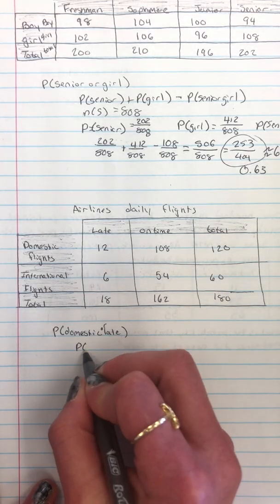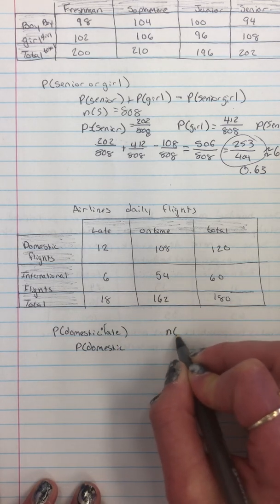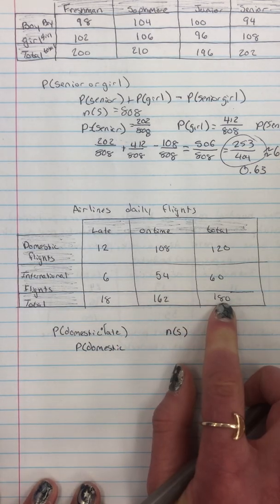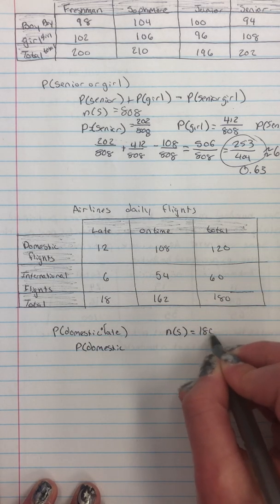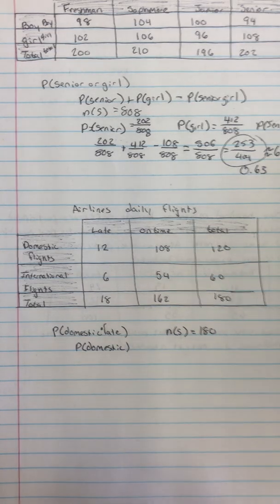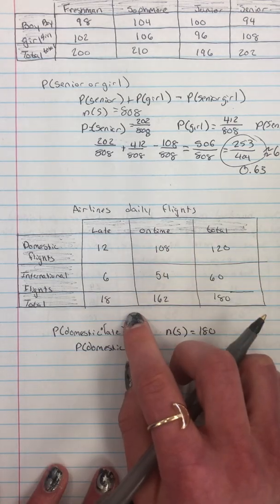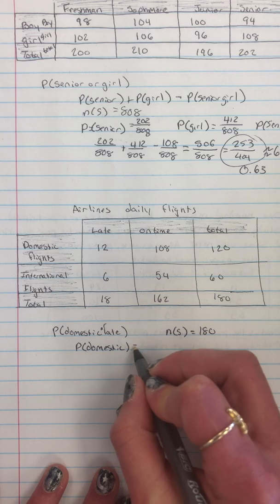So let's start with domestic, and let's go over the total number for the sample. The total number for the sample is 180. So this airline has 180 flights in this given day. For the domestic flights, there are a total of 120 domestic flights.